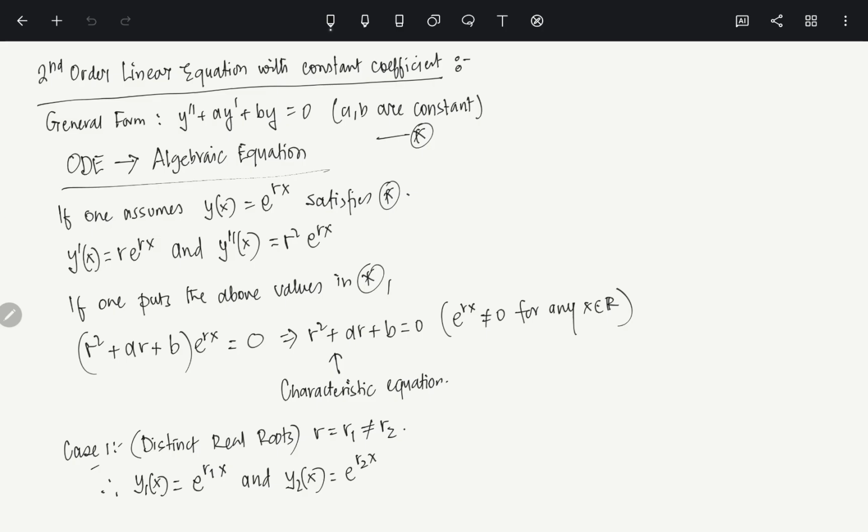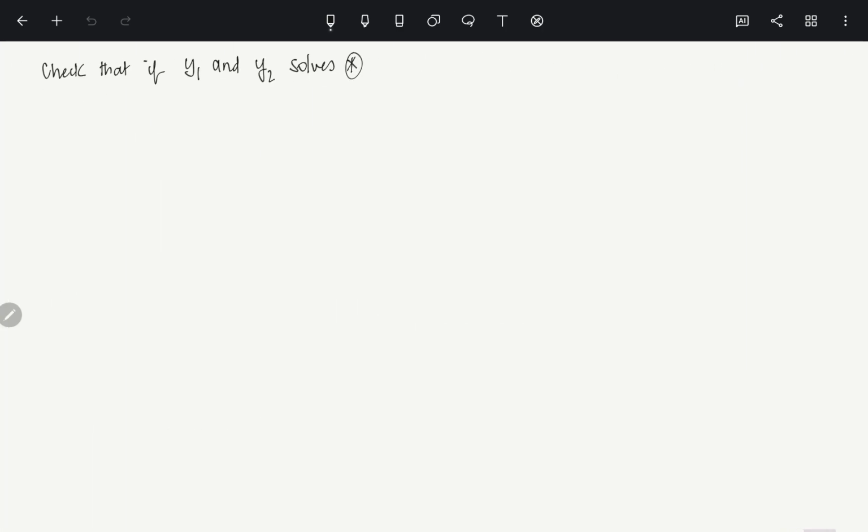So if you have any two solutions y1 and y2, then alpha times y1 plus beta times y2 solves star for any alpha, beta in R. So this always holds.